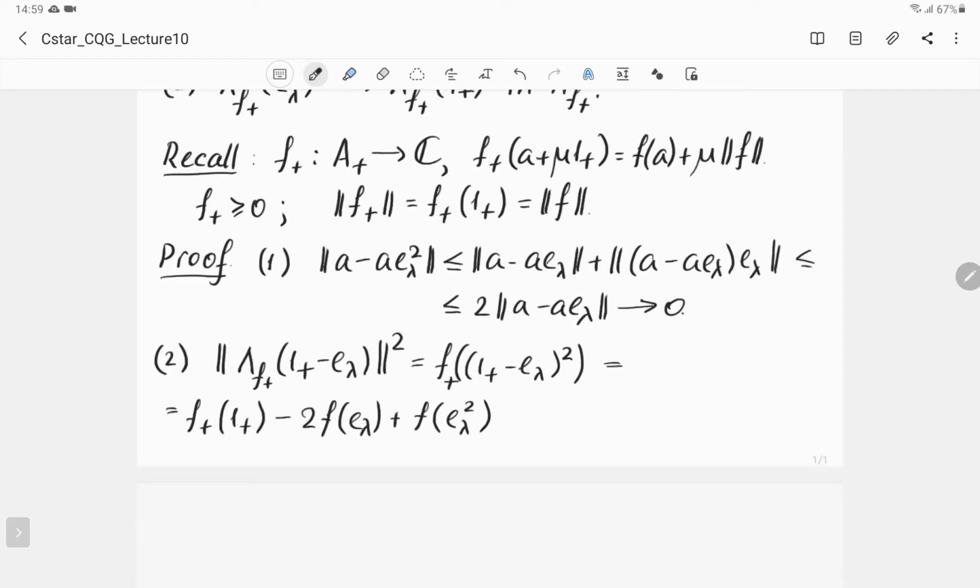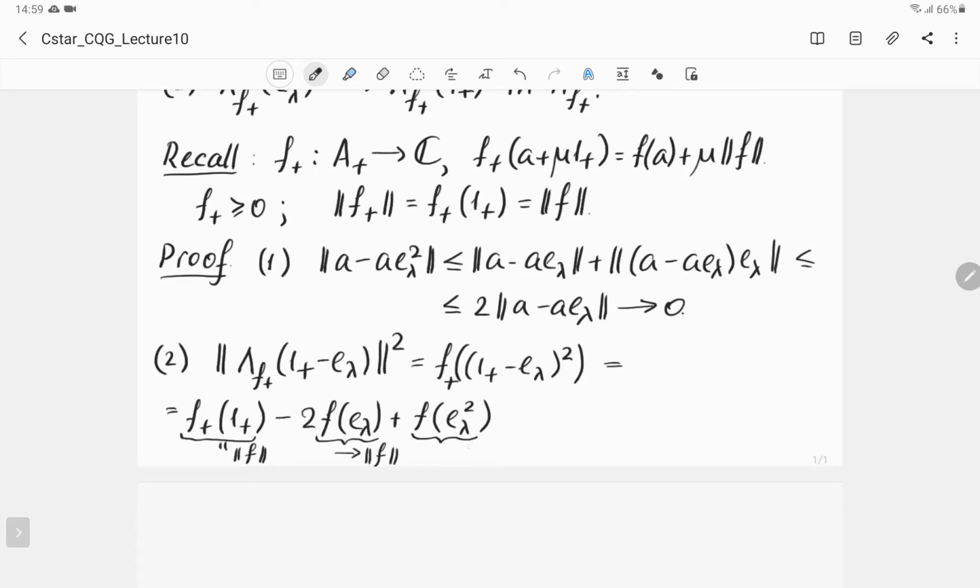So now what can we say about this expression? Well, first of all, the first summand is just the norm of F. Let's now recall that the positivity of F is equivalent to the fact that F of E lambda converges to the norm of F. So this converges to the norm of F. But we already know that E lambda squared is also an approximate identity.